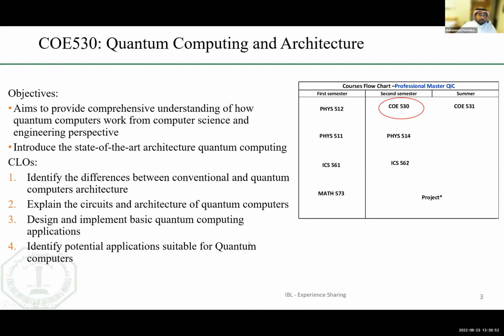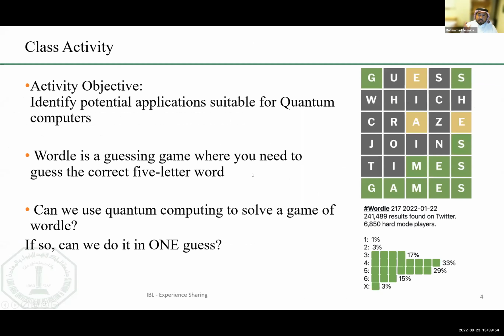And just to give an example, I designed a class activity based on the famous game Wordle. I think maybe most of you know it, but if you don't, I'll explain it in less than a minute. Basically, it's a guessing game, and the goal is to guess a 5-letter word. The word here is games, and you have 6 attempts.